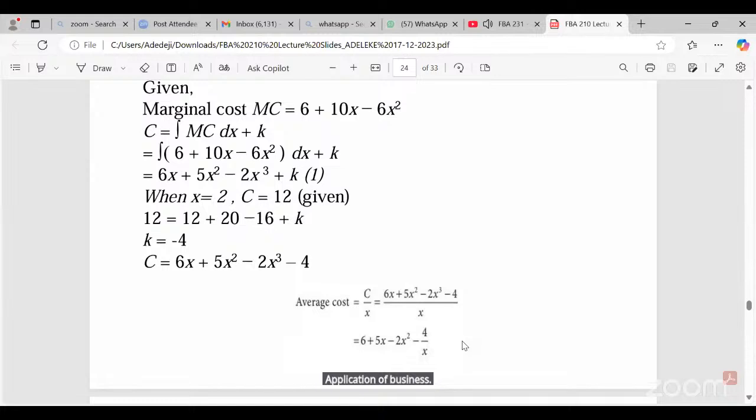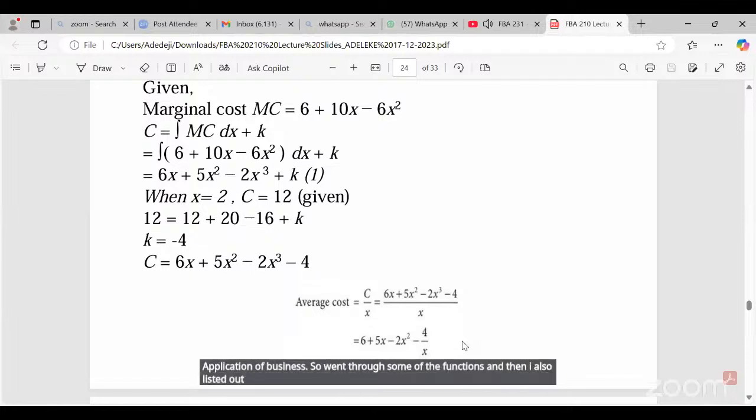We went through some of the functions, and I also listed where integration can be applicable in business.